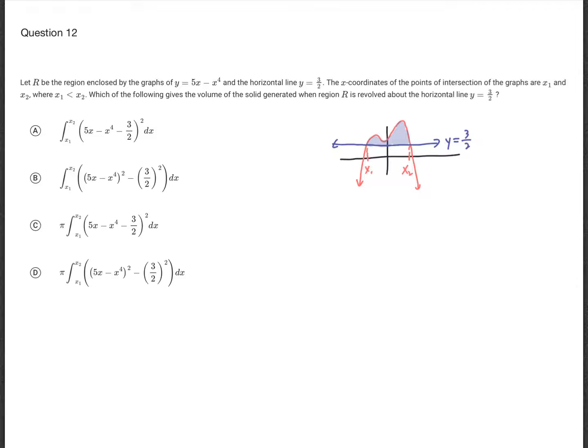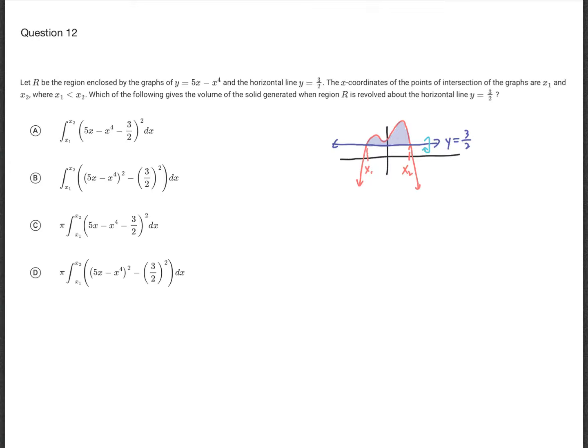Okay, and then now we have to revolve this around this line here. So this is all getting revolved this way. All right.